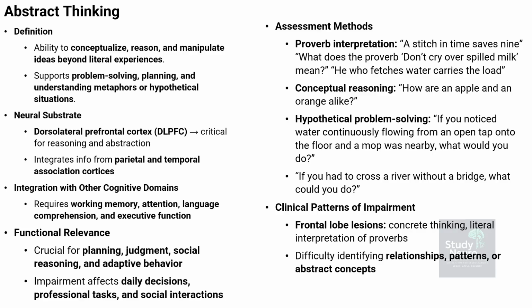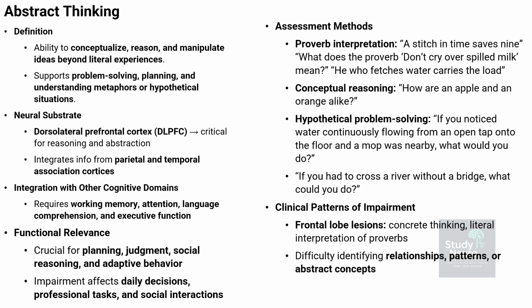Abstract thinking is our ability to go beyond the literal and consider concepts, ideas, and hypothetical situations. It underlies problem solving, planning, and understanding metaphors or complex relationships. This function relies heavily on the dorsolateral prefrontal cortex and integrates information from the parietal and temporal association areas.